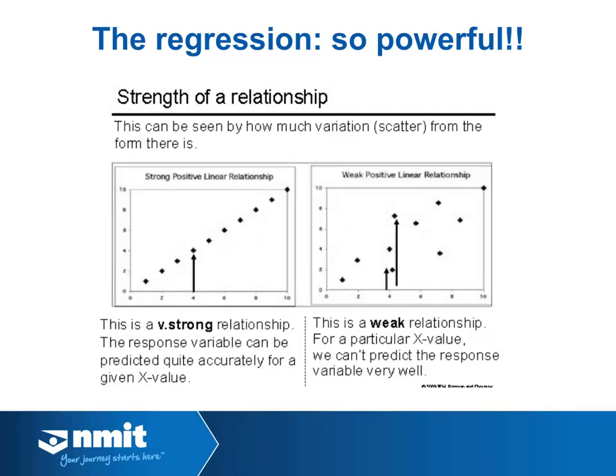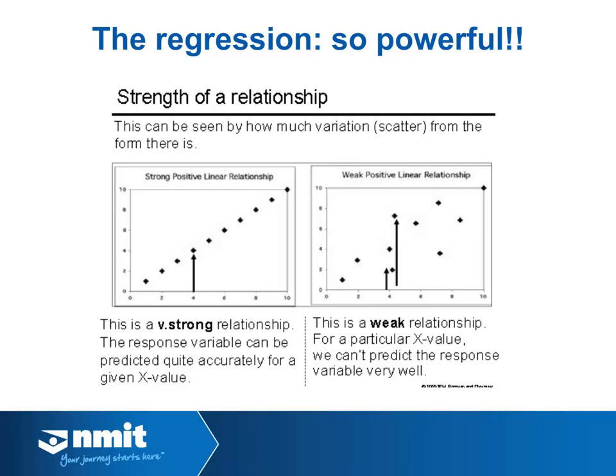As important as the form of the regression is, equally important is the strength of the relationship. How tightly do our data points follow the pattern that we can see? In the left-hand one here, we have a very strong relationship between one variable and the other.